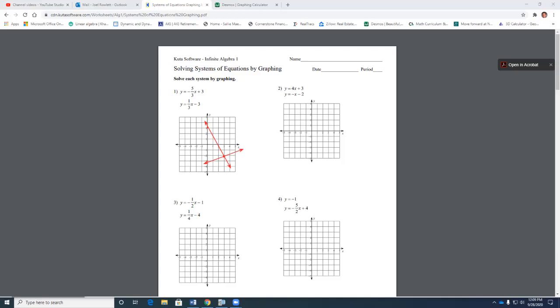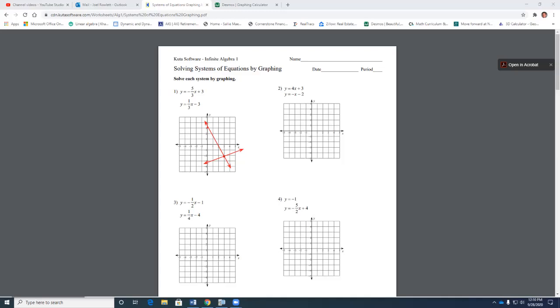So we can tell that the solution is going to be this point here, where the 2 lines intersect. Okay. Now, where do those 2 lines intersect?